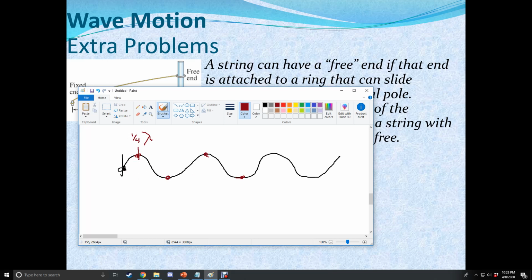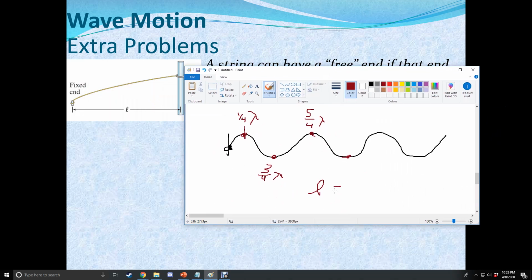This point, on the other hand, is not a full wave away, it's 3/4 of a wave away. And you should start to see the pattern: 3/4, 5/4, and so on. So essentially, within the length provided, we can fit some integer number of quarter waves, provided that that number is an odd number. That's pretty much what it's trying to say.